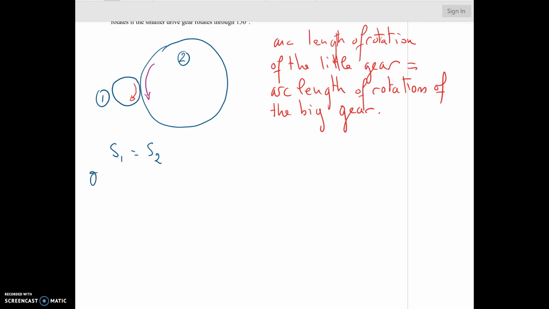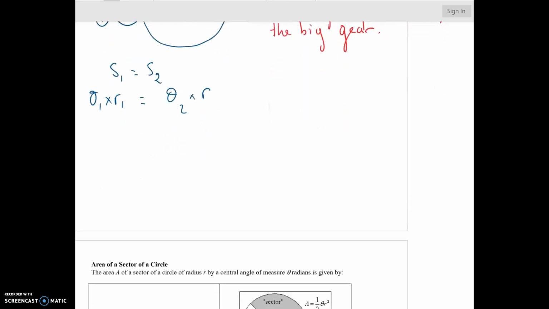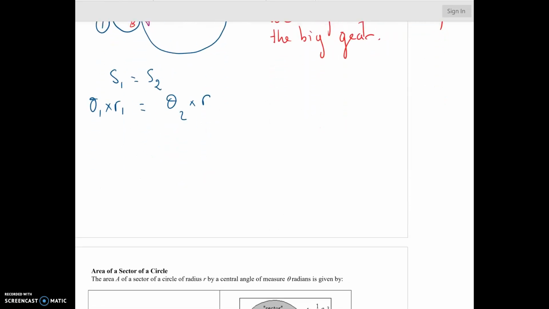That means theta 1 multiplied by the radius of gear number 1 is equal to theta 2 multiplied by the radius of gear number 2. I am looking for the angle of gear number 2, because they are telling me to find the angle of the larger gear.